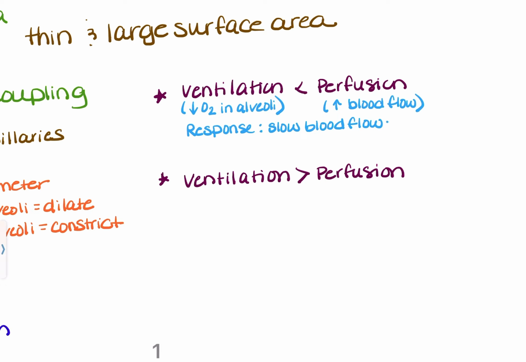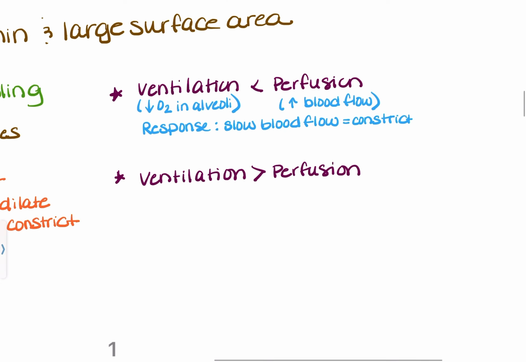In order to slow our blood flow, we would have to constrict our pulmonary arteries, and in addition, because we have low oxygen levels in our alveoli, our partial pressure of carbon dioxide is going to act to dilate our bronchioles, so we can increase the amount of oxygen reaching our alveoli.